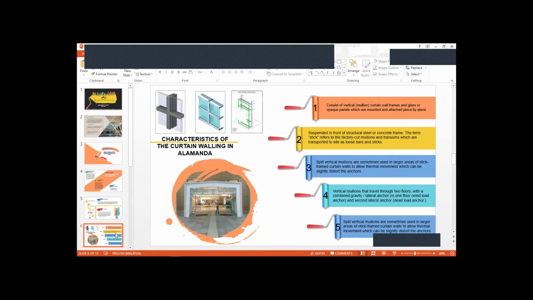So the fourth point is vertical mullions that travel through two floors with combined gravity lateral anchor on one floor, which is the wind load anchor, and a second lateral anchor, the dead load anchor.